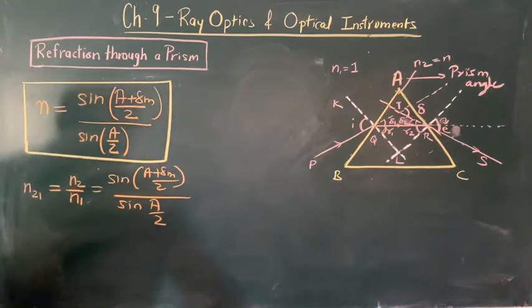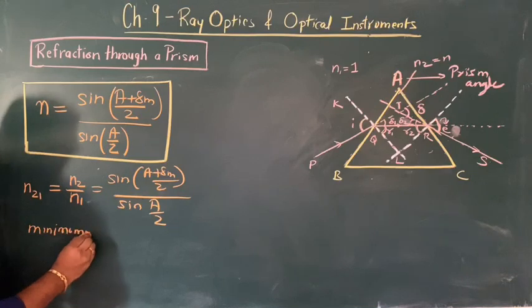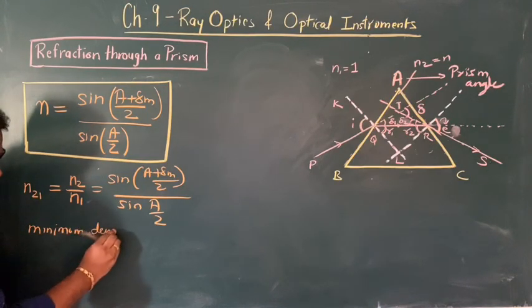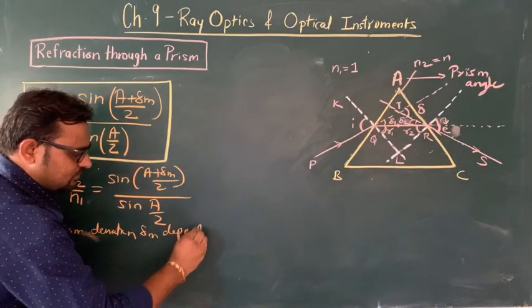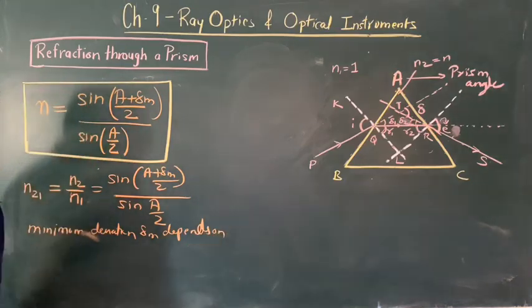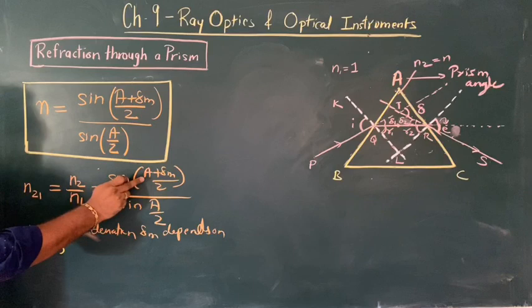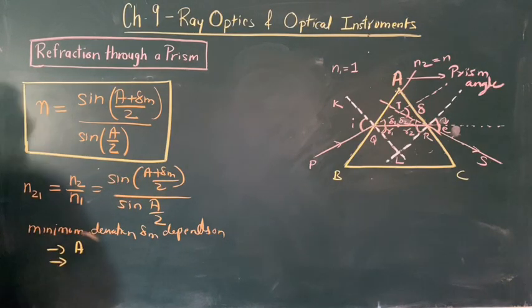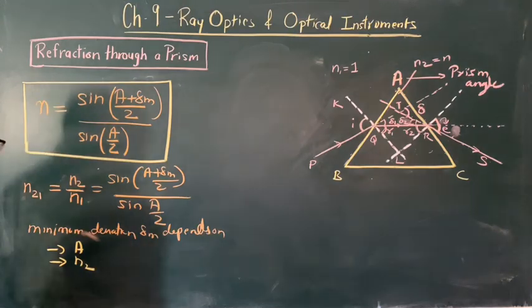So remember that minimum deviation delta m depends on, first, angle of prism, means prism angle. Second, refractive index n2, and n2 means refractive index of the material of the prism.